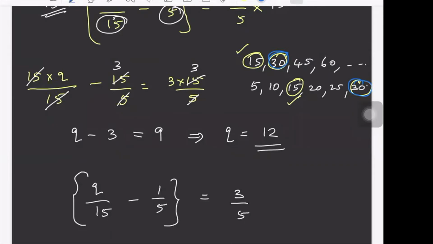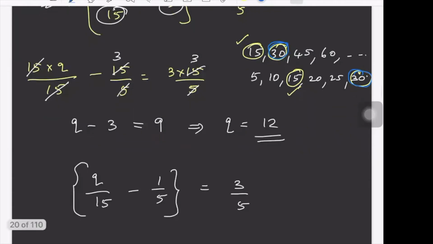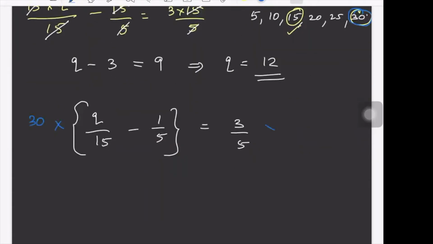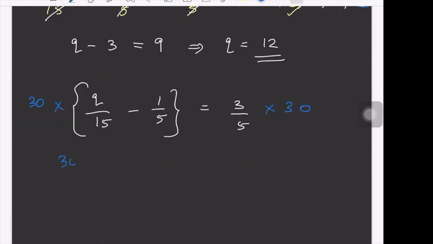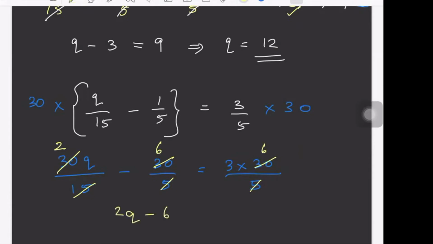If I had multiplied with 30, then also you would have got the answer. So we have 30q by 15 minus 30 divided by 5 is equal to 3 into 30 divided by 5. So 30 by 15 is 2, and 30 divided by 5 is 6. So you have 2q minus 6 is equal to 18.